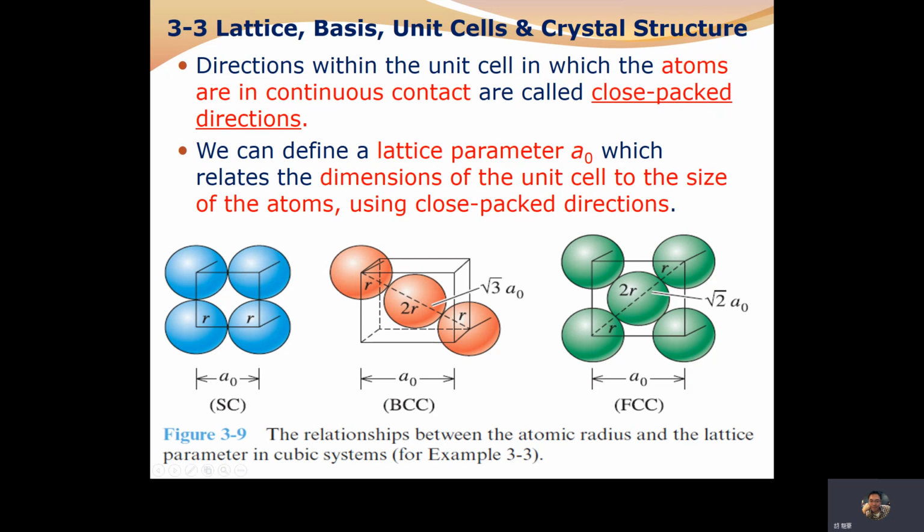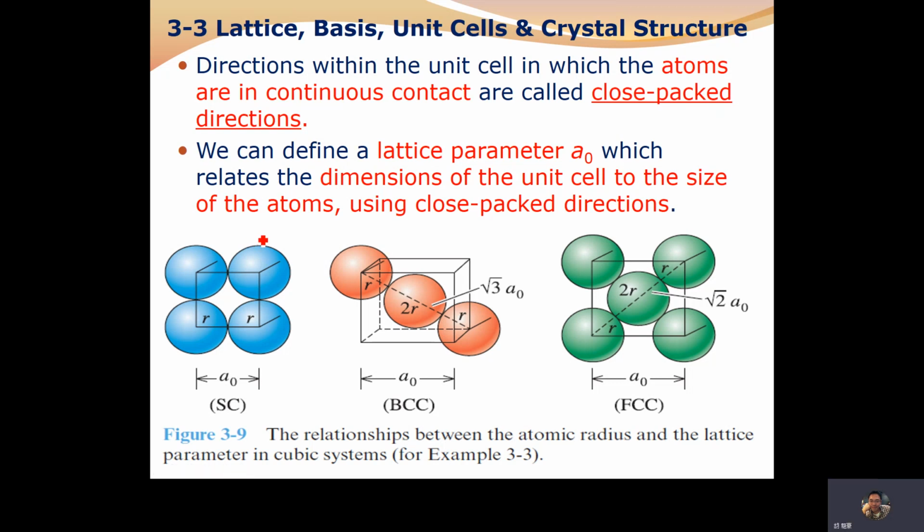Okay, so let's look at the interaction within the unit cell. We have to define a close packed direction. What's the close packed direction? The atoms are in continuous contact.